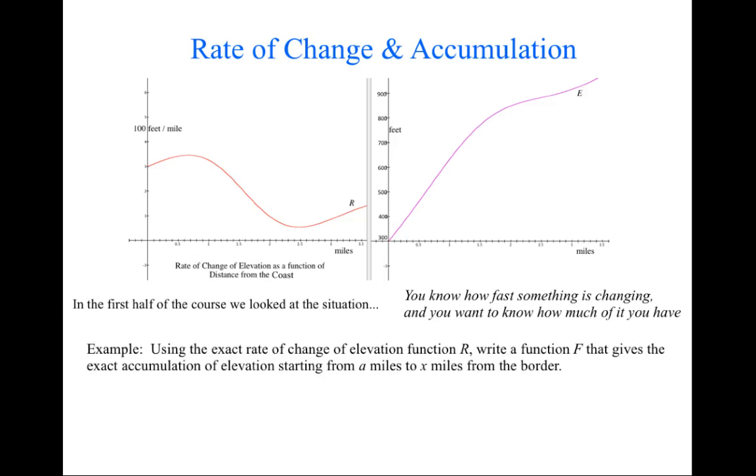Using the exact rate of change of elevation function r, write a function f that gives the exact accumulation of elevation starting from a miles to x miles from the coast. So we want to start anywhere, say right here. We call that a.